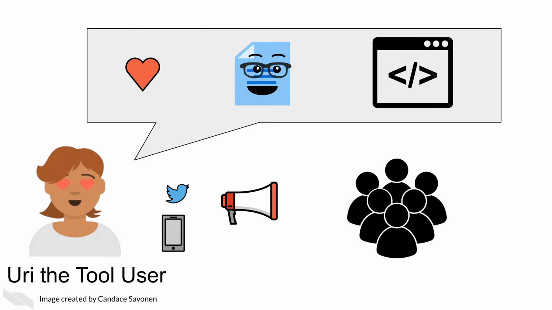Uri is telling all their colleagues how much they love the tool. Uri has a phone and is posting to their professional social media accounts about how great Tina's awesome tool and documentation is. A megaphone is pointed at a crowd. More users are informed about Tina's awesome tool and Tina's work is disseminated.